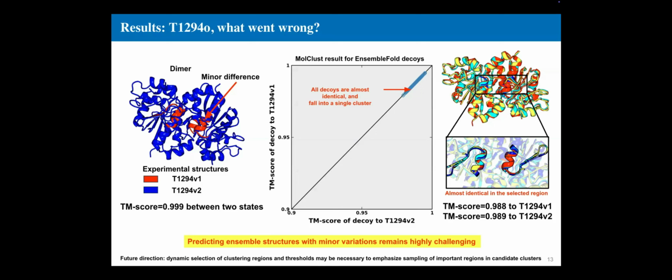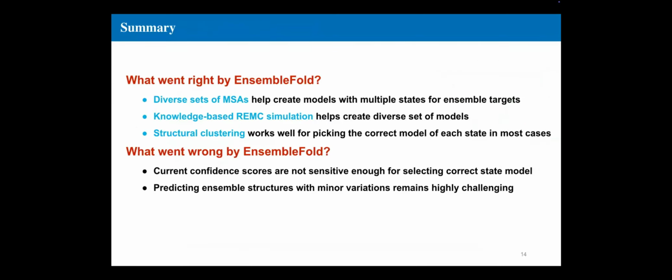So all decoys fall in the same cluster. As a result, the final model also didn't capture any difference in this selected region, although its TM-score to the native structure is very high. So we believe that currently predicting ensemble structures with minor differences is very challenging in our pipeline.